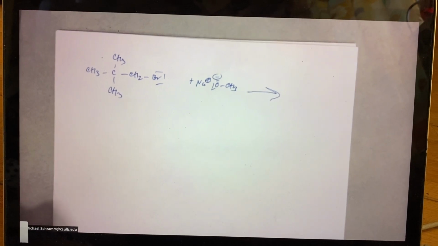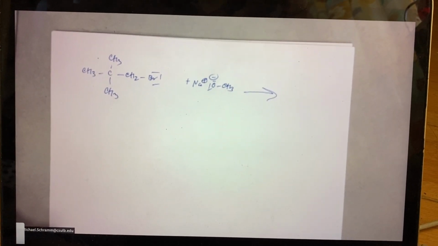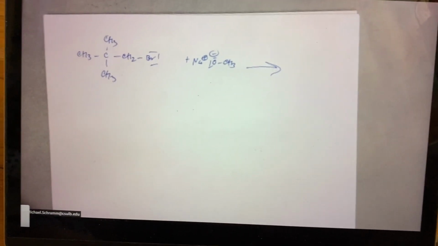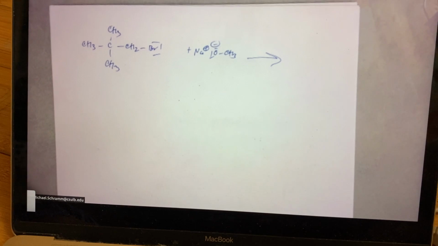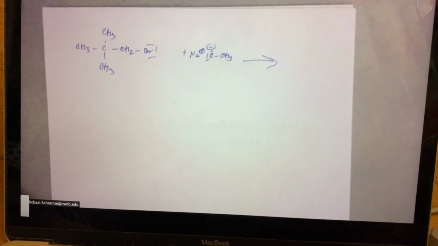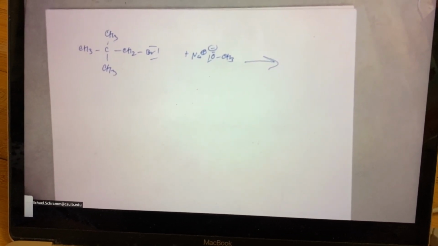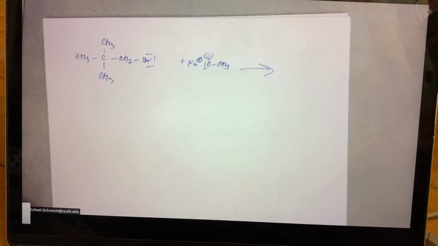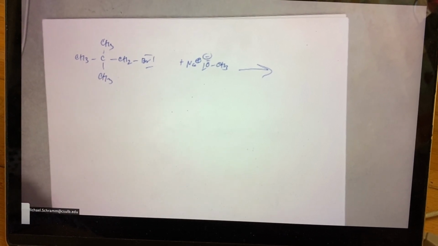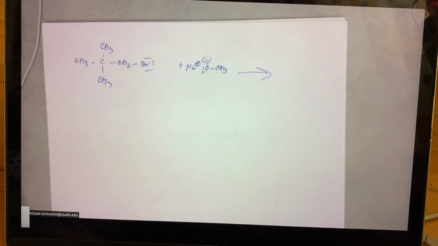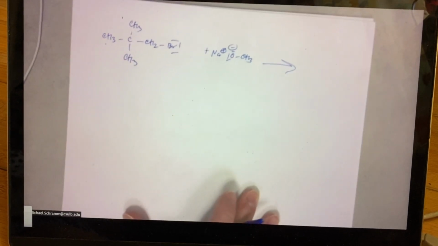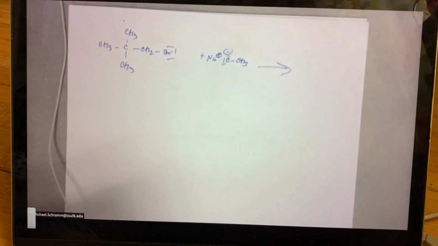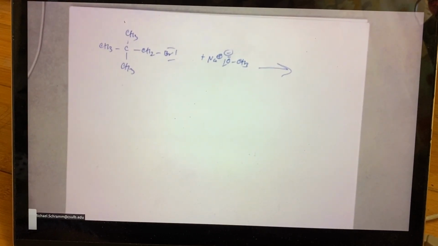So I want you to find all the beta hydrogens, do an acid-base reaction of those beta hydrogens, and draw any product that you might think is possible. Or for this compound, if maybe you think a reaction is not possible, you should state why definitively. So just spend about 30 seconds on this. Draw beta hydrogens, identify them. If there is a beta hydrogen, do an acid-base reaction and draw an alkene. Maybe if you can find a reason why this reaction wouldn't work, state that definitively on your paper.